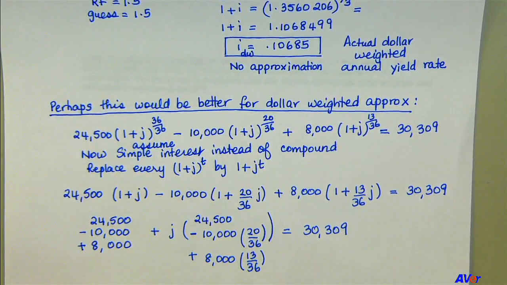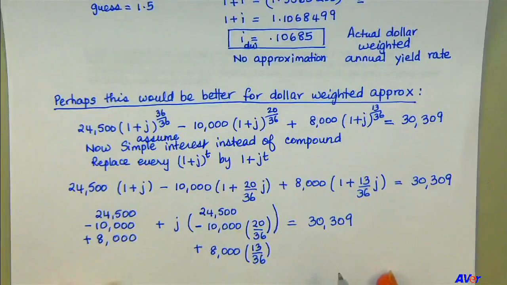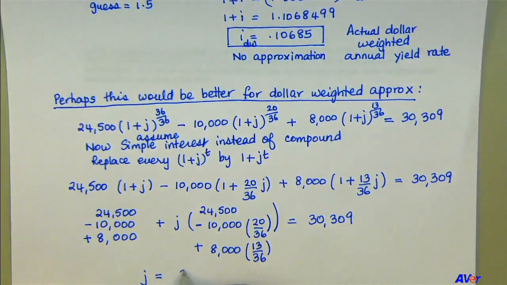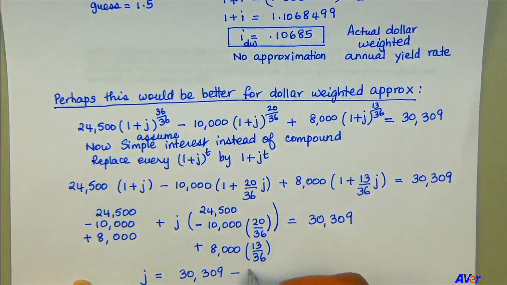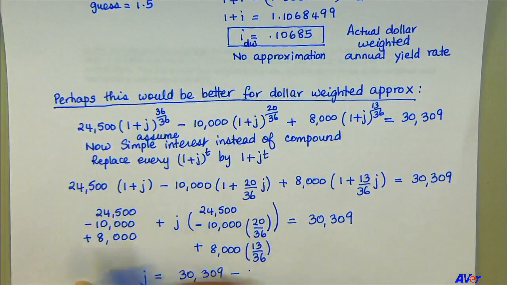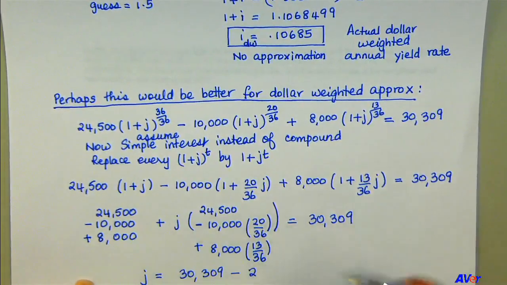So this will give you exactly the same answer as what I got before. Let me finish it up, okay? So j equals 30,309 minus, what do I have here? I'll bring each one over.